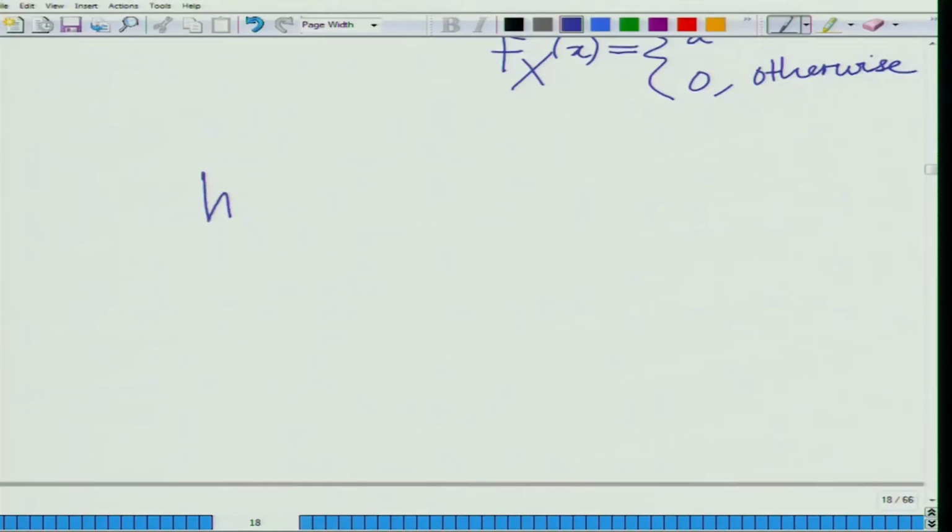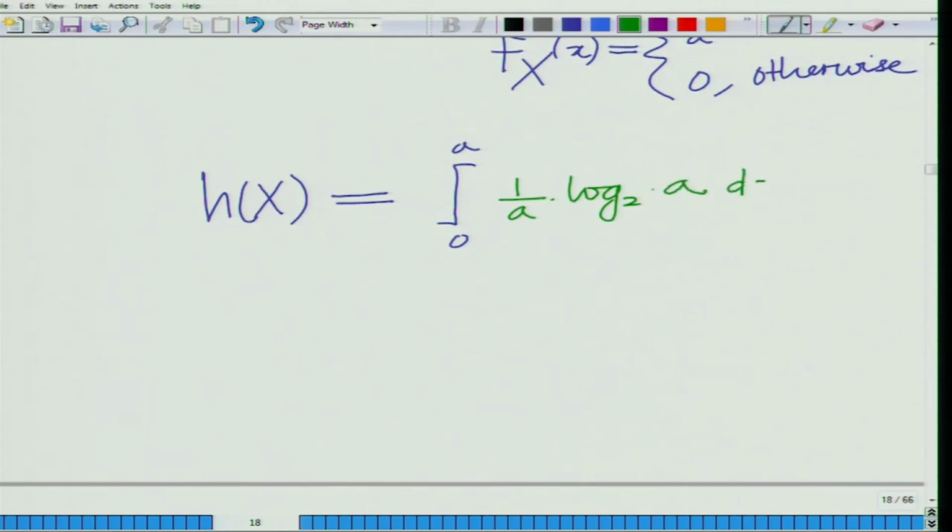The differential entropy, that is h of x, for such a source is given as the integral from 0 to a of f of x, that is 1 over a, times log to the base 2 of 1 over f of x, dx.